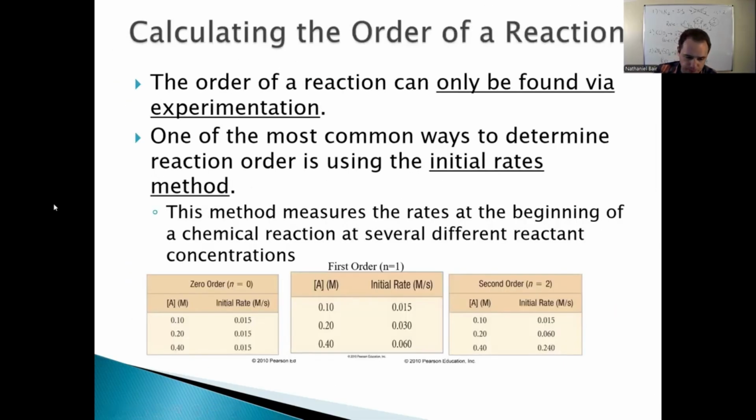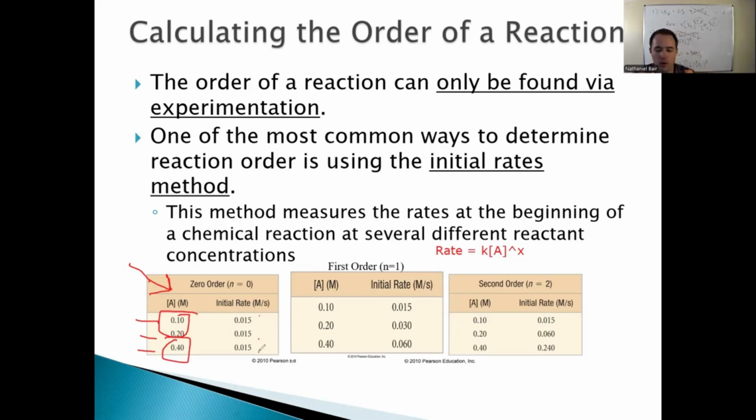For example, here's a set of data that is zero order. So let's imagine we have this rate law: rate equals k times the concentration of A to the x. This is what it would look like if reactant A was zero order, where if I run the reaction 3 different times, and I have 0.1 molar A, 0.2 molar A, and 0.4 molar A, what you'll notice is that nothing happens to the rate.